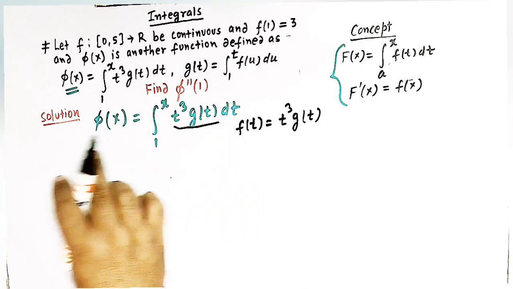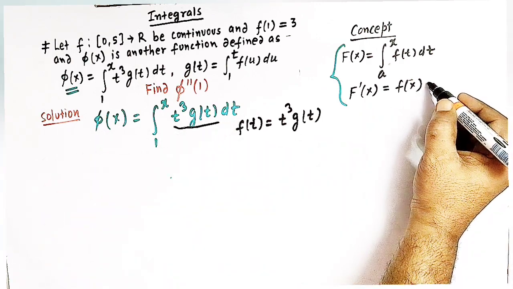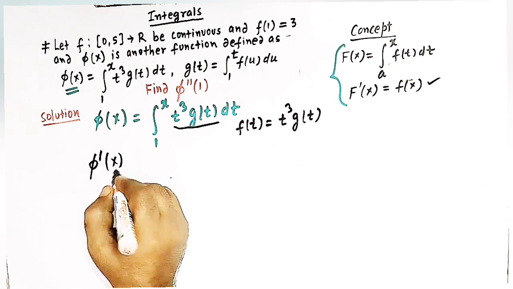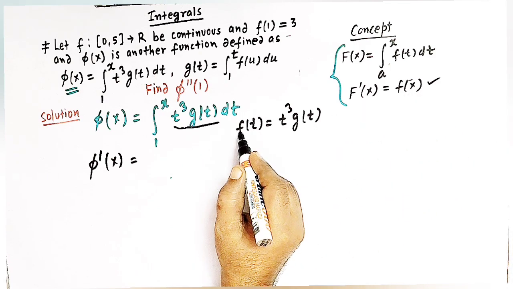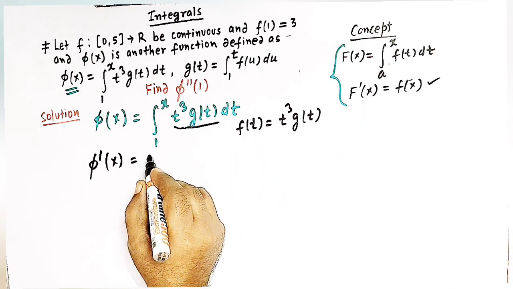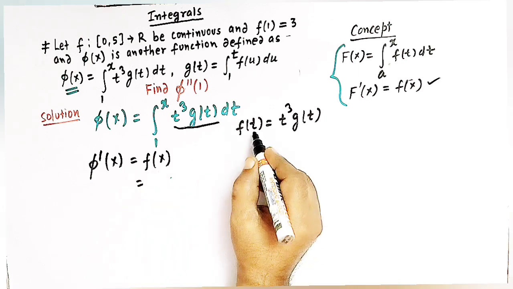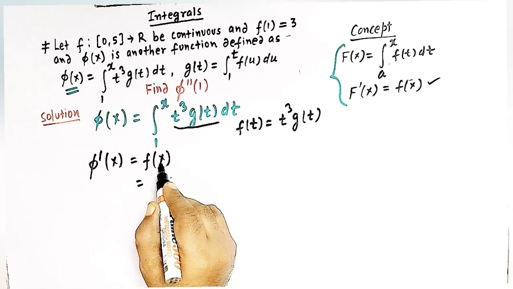So if we differentiate both sides with respect to x, then due to this result, we can get phi prime of x is equal to f of x, right? And here we have f of t, so this is f of x, and f of x can now be written by replacing this t by x.